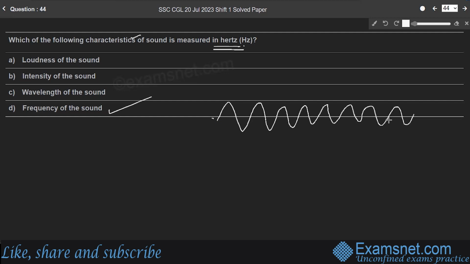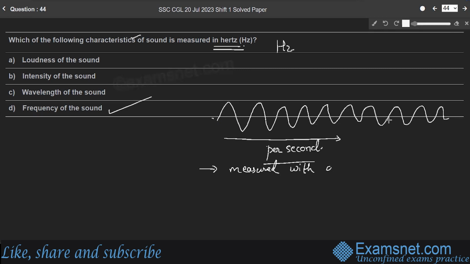So, consider a sound wave, right? When it travels through air, the number of waves per unit time, in this case per second, is called frequency of sound, right? So it is measured in hertz, right? Sound wave frequencies can be measured with a frequency counter or with a spectrum analyzer.